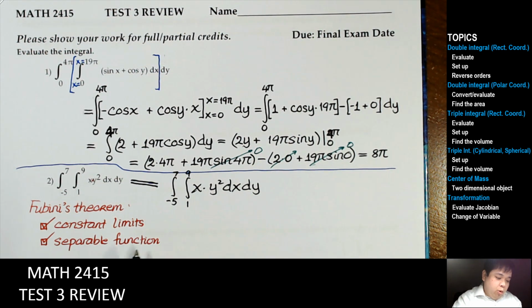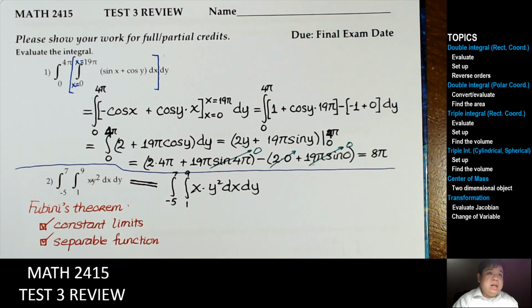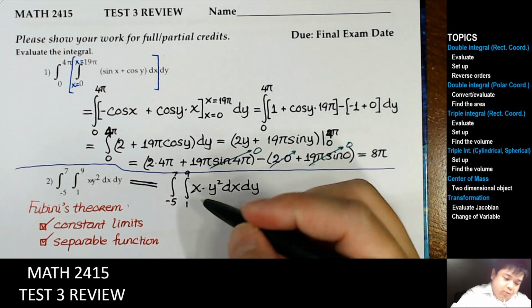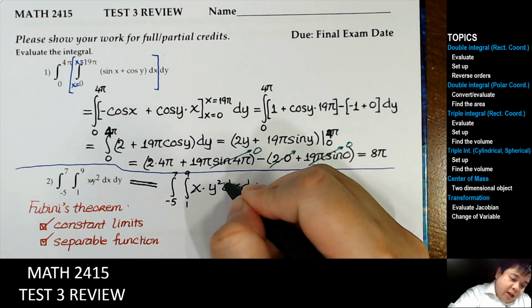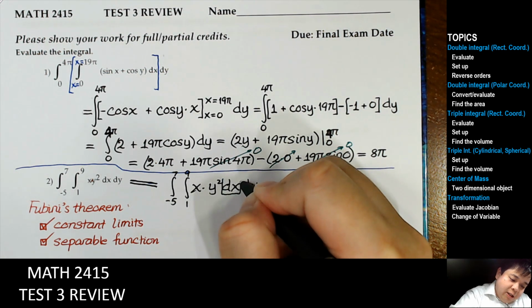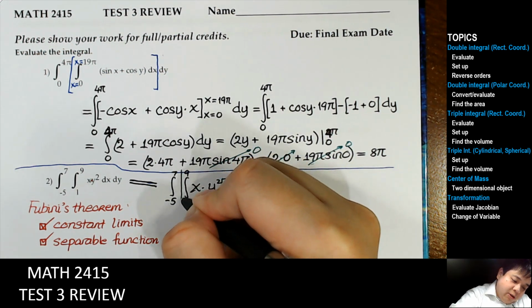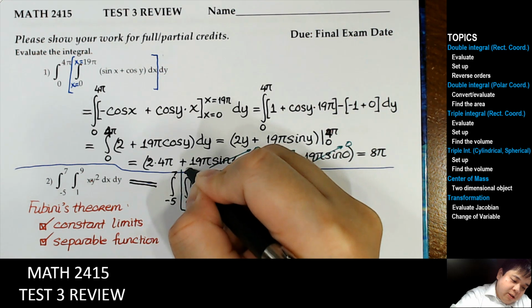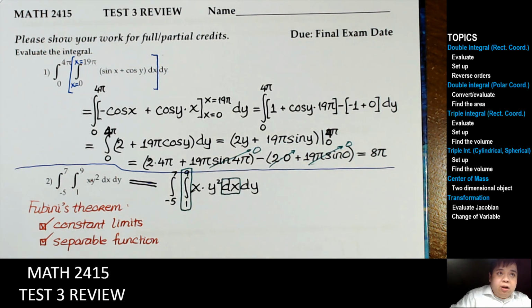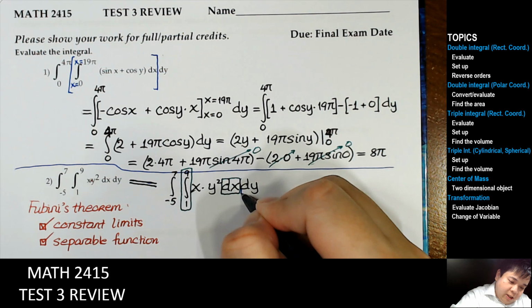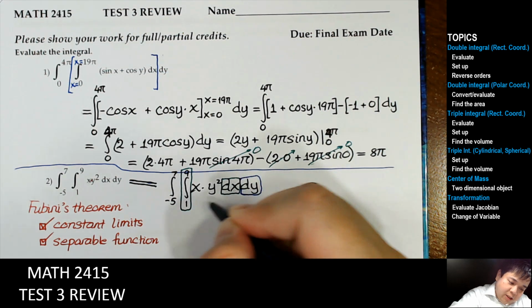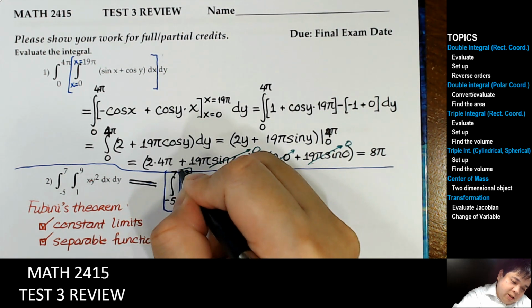We have a separable function and we have constant limits. This is what we do. First, for this dx, we have this integral, and for dy, we have this integral.